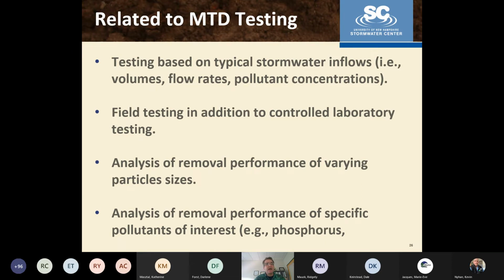So those things are at play too. And for the most part, the residence time of these systems is in seconds. If you just think intuitively, a quick two-second swirl of the water, what are you going to remove? You're going to remove big stuff and coarse material. So it's great for pre-treatment, not great for long-term treatment.